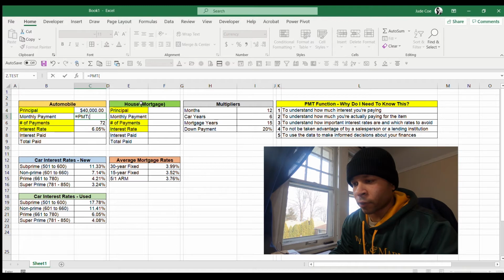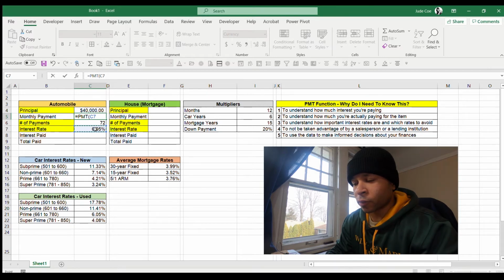So with rate, and this is the trickiest part, rate equals the interest rate. So see how you have that in here in your table? You can either go over to it and click on it with your mouse, or you can go over to it with the arrows on your keyboard, and then, before you do the comma, this is the tricky part, and see, I almost forgot about it: Excel doesn't account for APRs, or annual percentage rates.